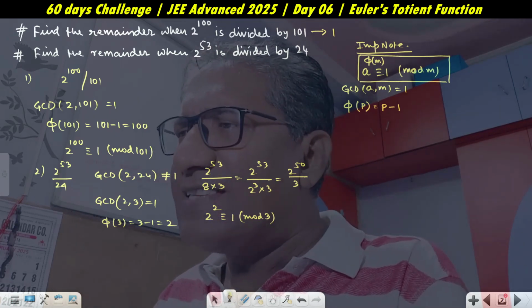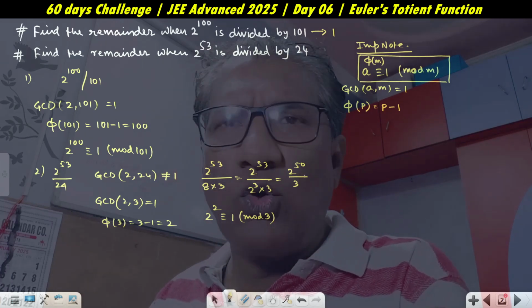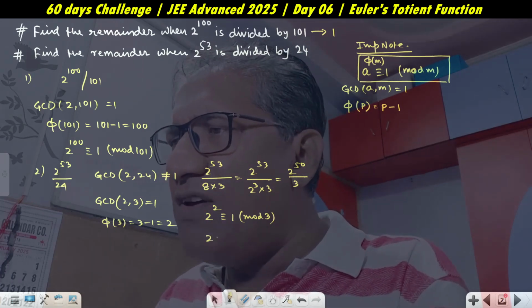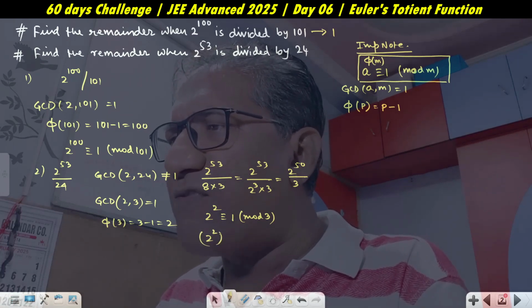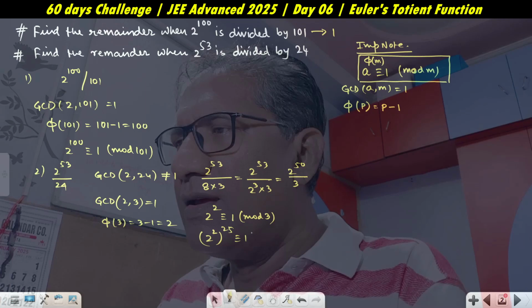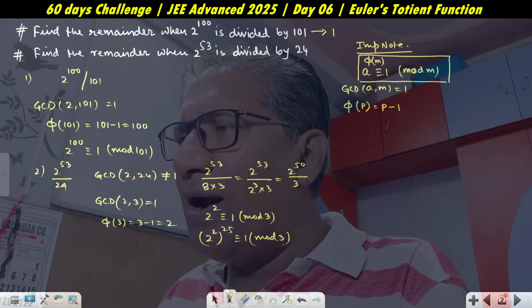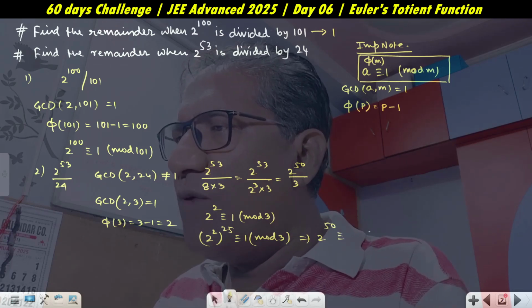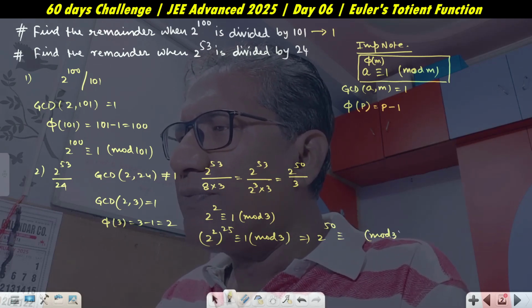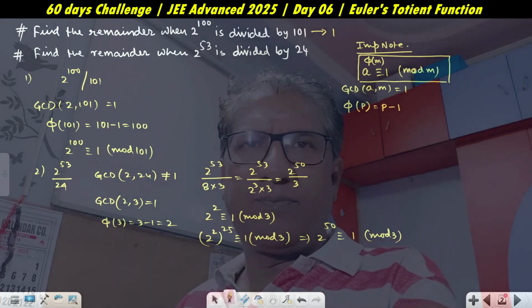We have to reach 2 to the power 50, so I will simply raise its power to 25. Still the remainder will be 1. So 2 to the power 50, when divided by 3, the remainder is 1.